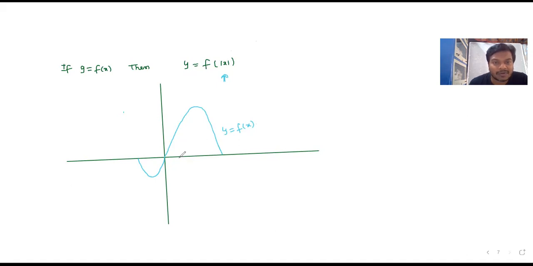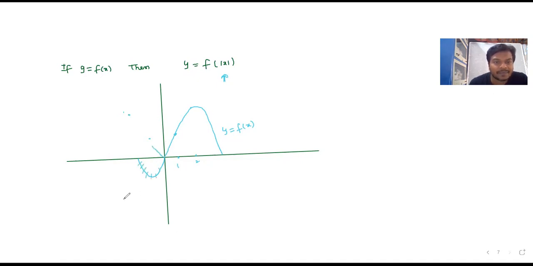If you give input 1 and you got this result, then for minus 1 also you'll get the same. If it is 2 and suppose the image is here, then automatically for minus 2 also we get the same image, right? Therefore, we have to neglect this part.